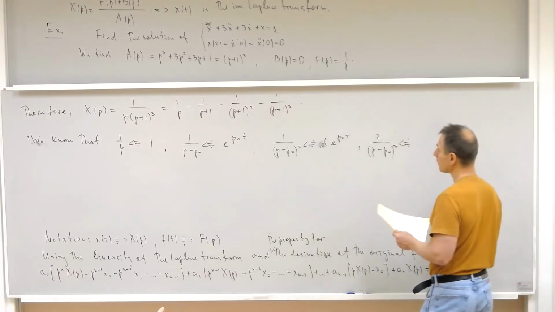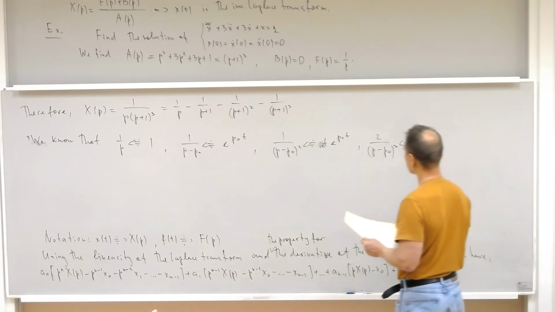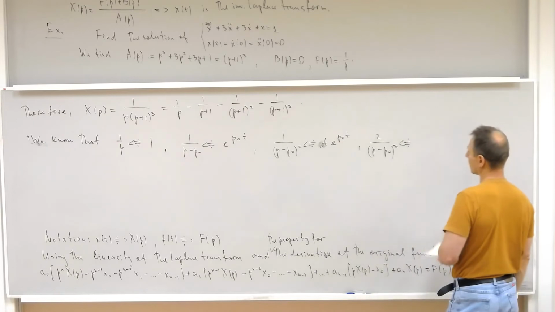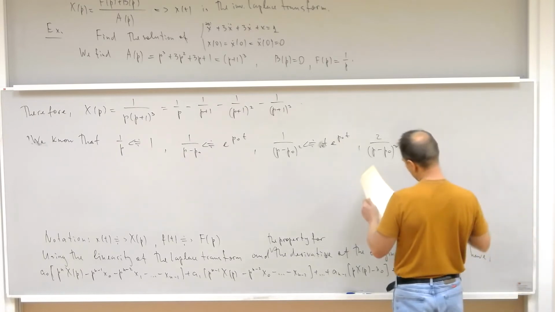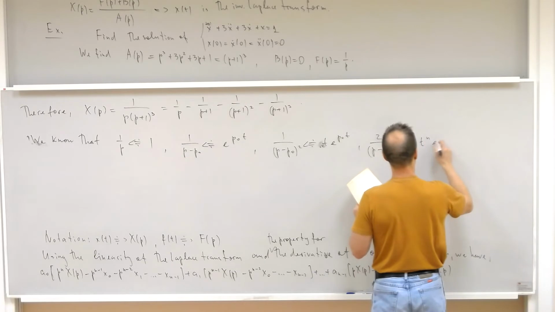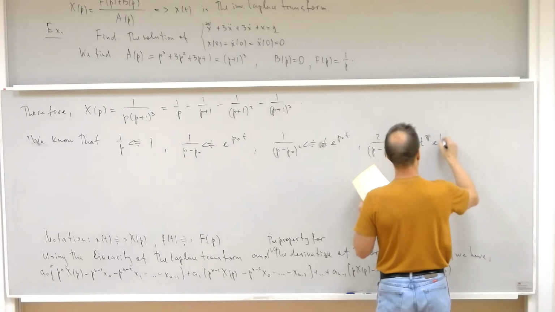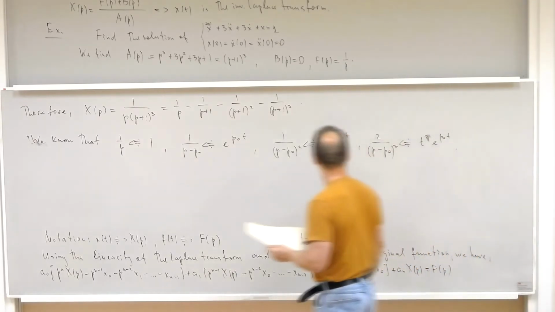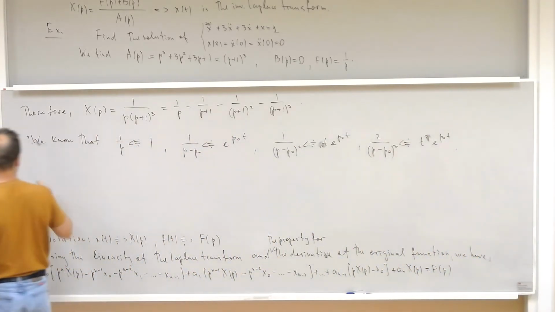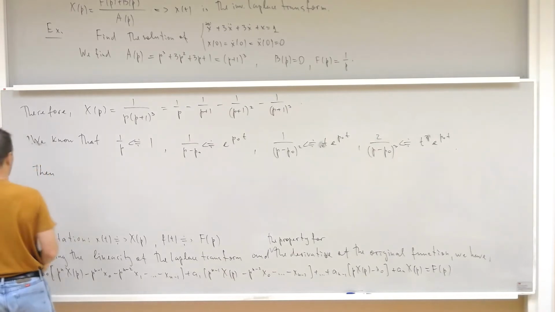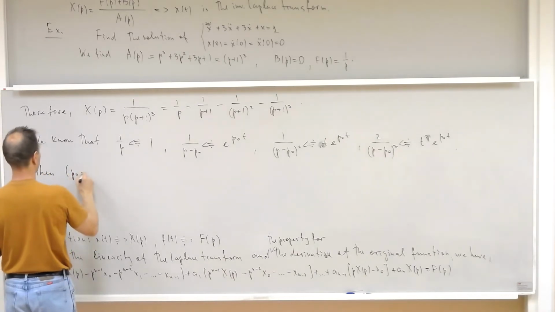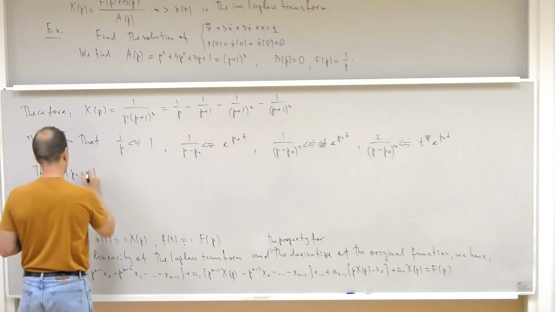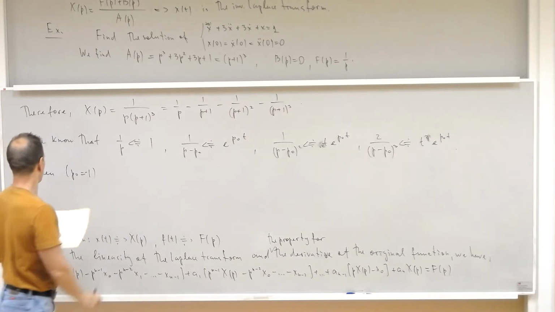Pardon? Why do you have the 2 over p? Because it was a general formula, and okay, it is divided, the left and right hand side by a certain bracket. And then in this case it is equal to minus 1.